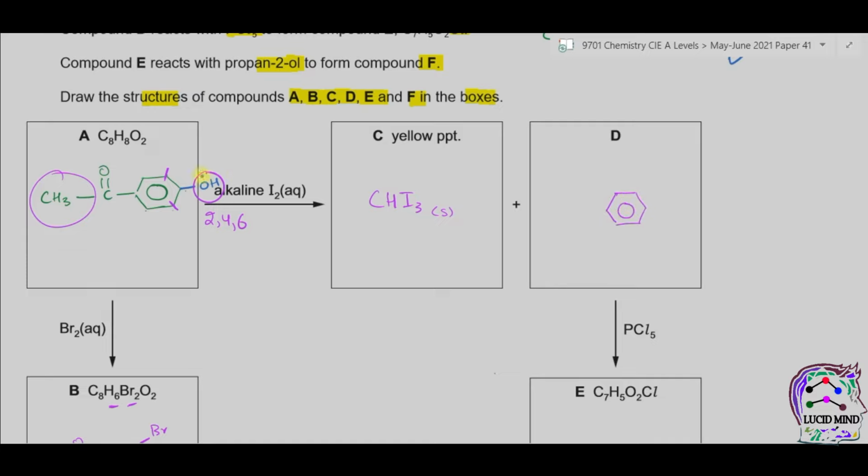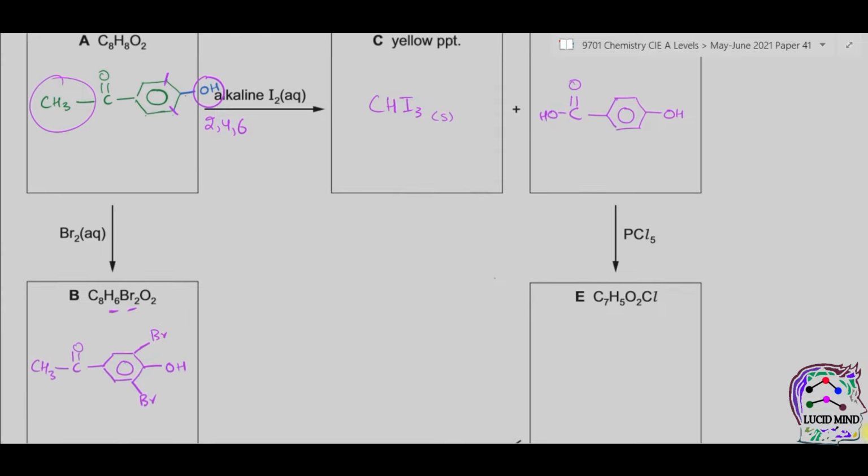So we have benzene, we have OH, we have C double bond O, OH. Now we can see that we can convert this carboxylic acid to acyl chloride in the presence of PCl5. What will happen is that this OH gets replaced with chlorine. Now the structure will be like this.